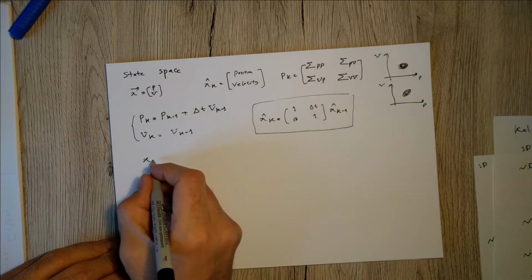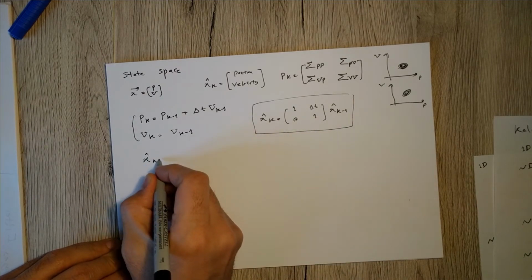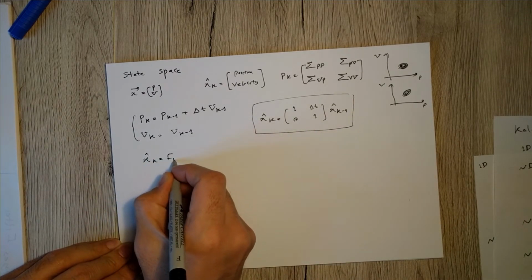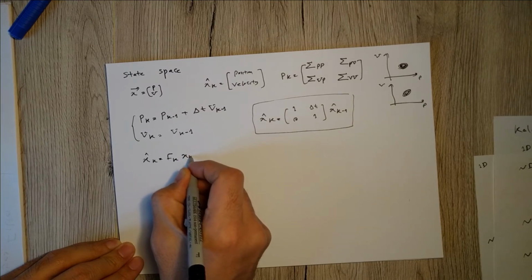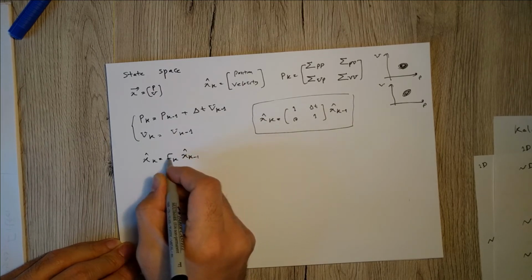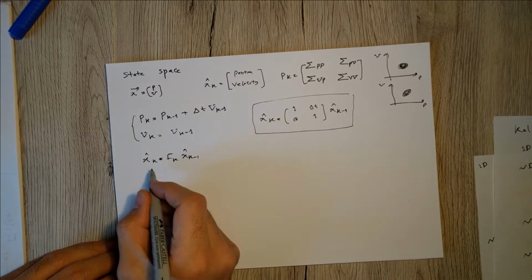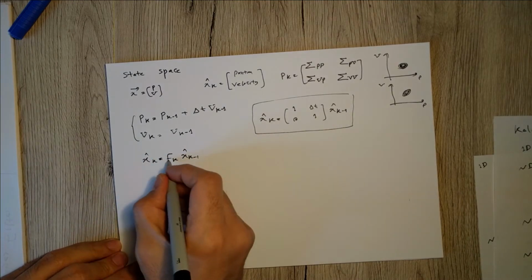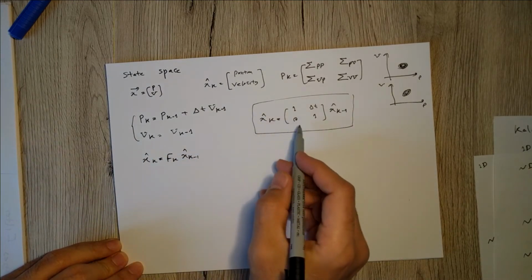I call this F, so my new state is, if I'm following this model, predicted like this.